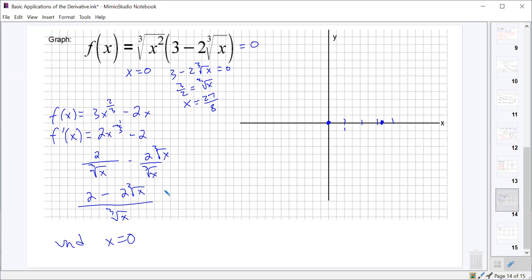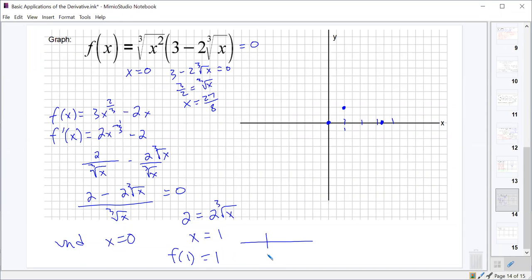And it equals 0 if 2 equals 2 cube roots of x, or x equals what? 1. Good. All right, so we're going to need the value at f of 1 to plot that point eventually. So f of 1 ought to be 1 times 3 minus 2. F of 1 is just 1.